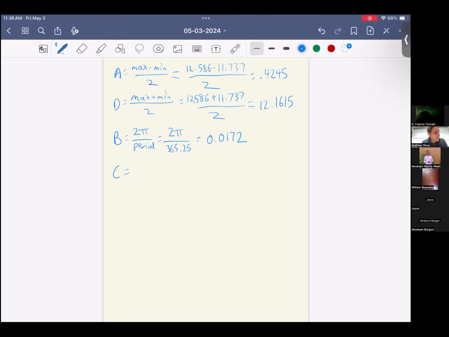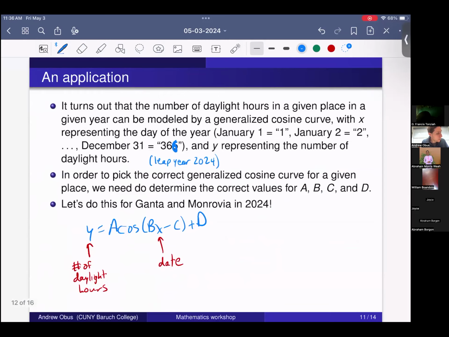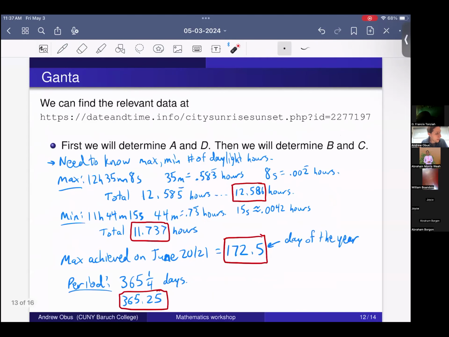And lastly, C, what was the formula? So the formula for C, let's go back. C was B times the X that gives the max value. And we saw that the X giving the maximum value is 172.5, right? This is the X value giving the maximum Y value.